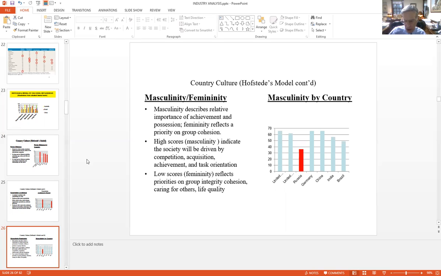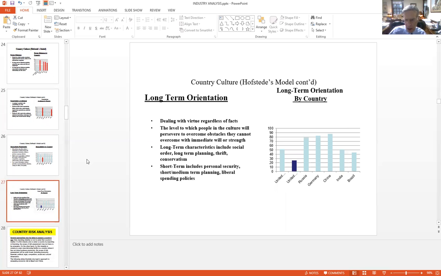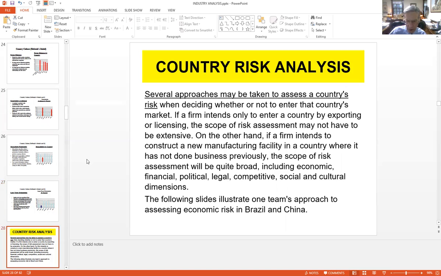So Russia is more that way, more interested in the organization, integrity of the organization. Long-term orientation, rather interesting. The blue bar, the dark blue bar, is the United States.